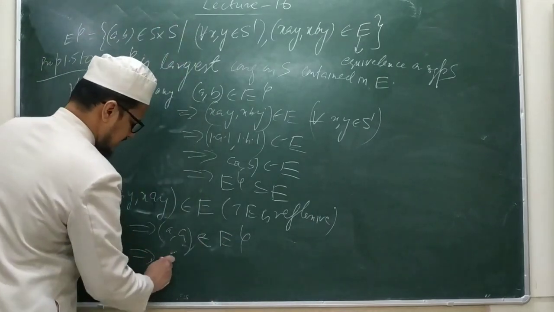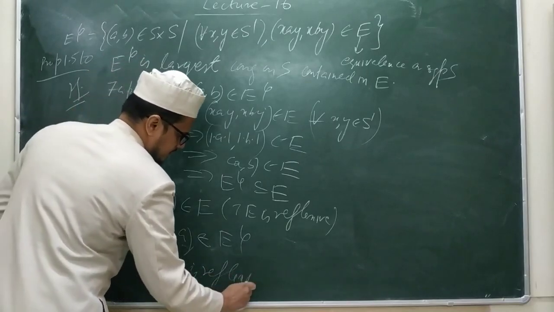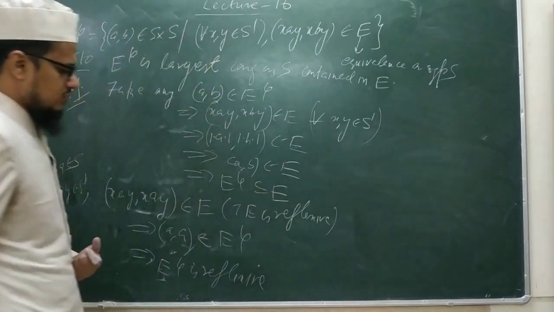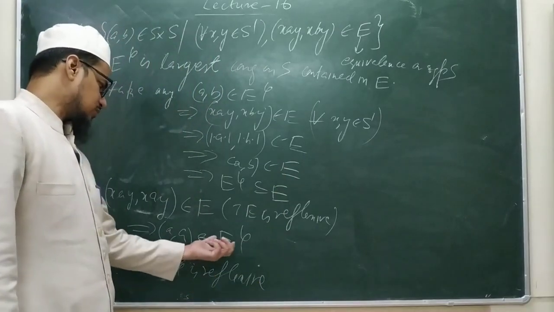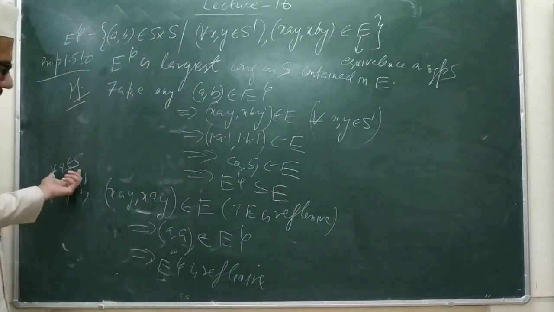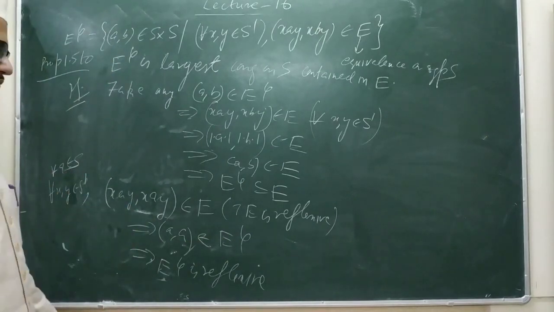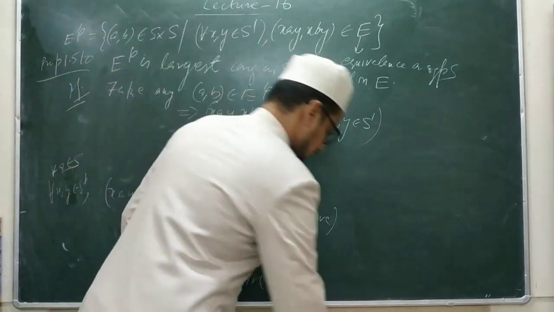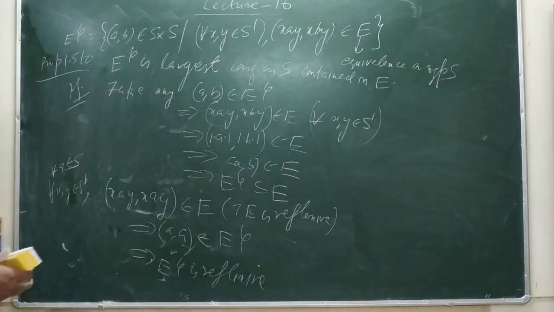So it implies that E natural is what? Is reflexive. E natural is a reflexive relation, because A comma A belongs to E natural for every A belonging to S. So E natural is reflexive. Now we prove E natural is symmetric. After that we have to prove E natural is transitive.